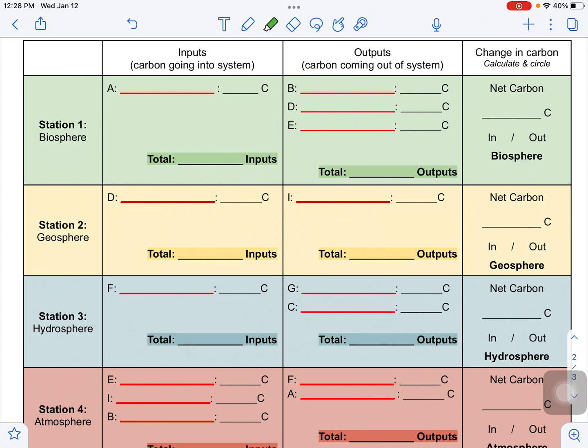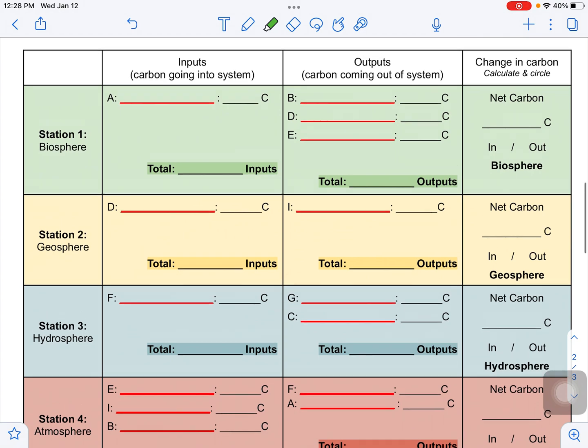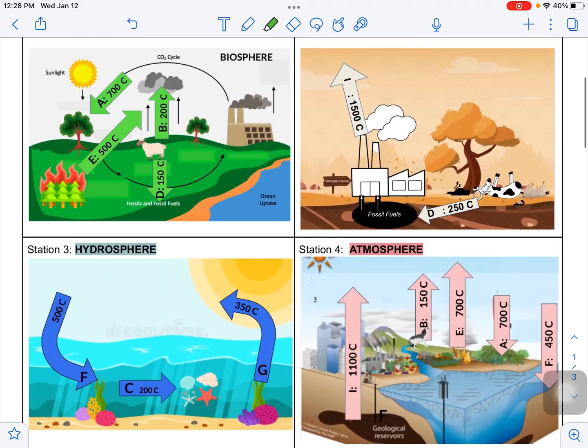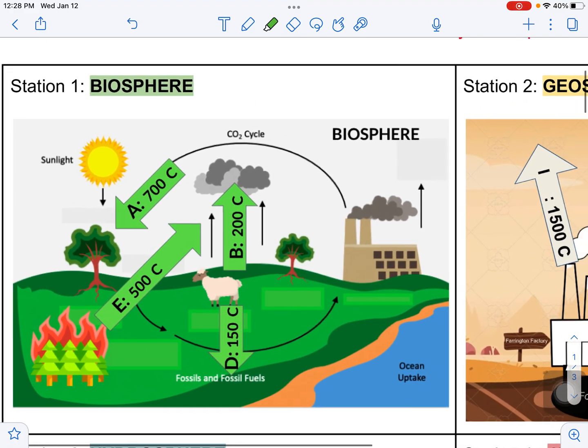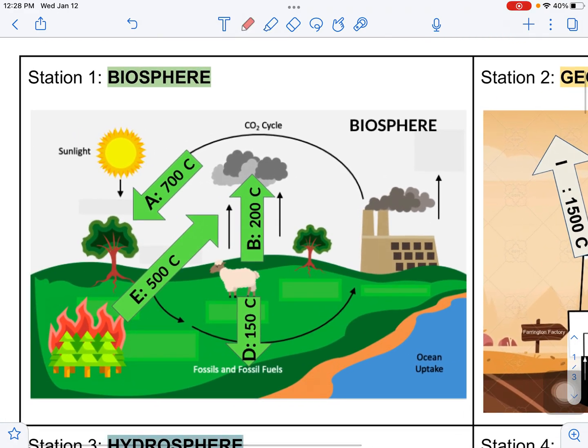So I'm going to lead you through station number 1, which is the biosphere. My first direction is to label the different arrows on this process, the different processes in this picture here. My first one, I know that letter A is photosynthesis. Letter E is this fire here, that is deforestation.